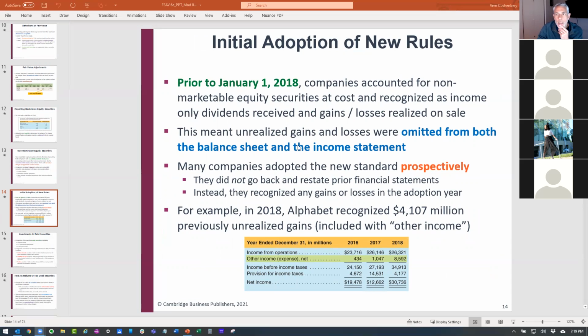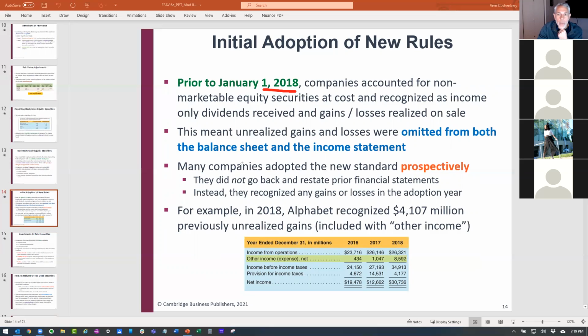So, word to the wise analyst here, FASB is always making our lives interesting or complicated or keeping us employed, as the case may be. These rules changed in 2018. So if you're looking at any financials that go back prior to 2018, you may not have an apples to apples comparison.